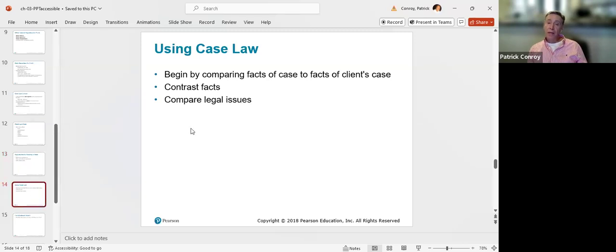And then you want to be comparing the facts of your case to the precedent. Maybe you're going to contrast facts and say, this case is different because in that case, the person that ran the stop sign had perfect vision. In ours, they were missing their glasses. Things like that.